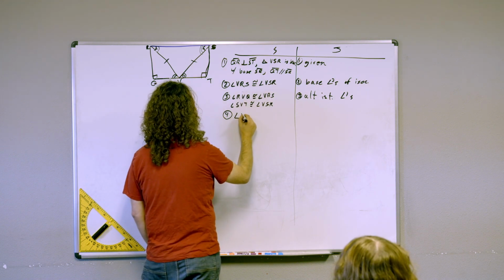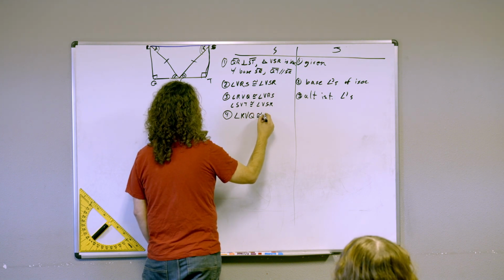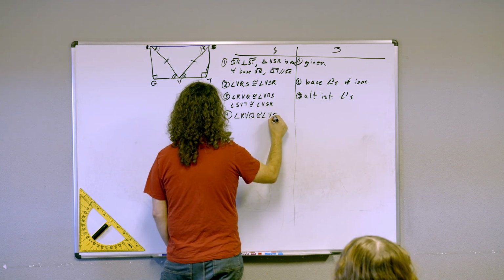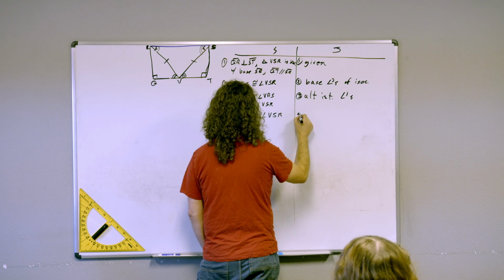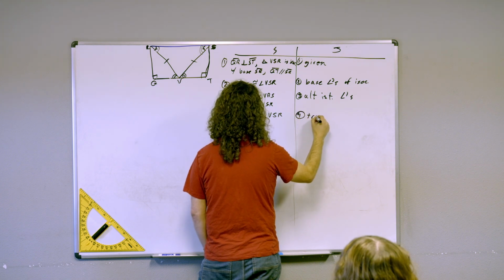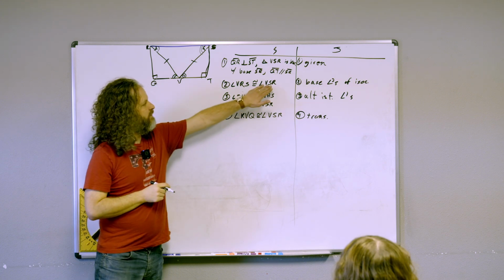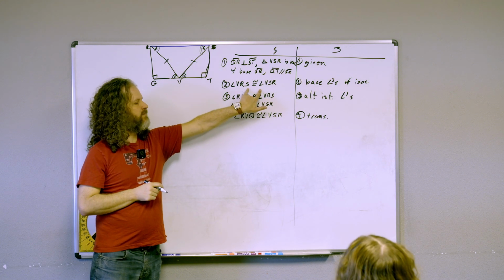So angle RVQ is congruent to angle VSR because of the transitive property. Right? It's taking this one and putting it here because they're the same.